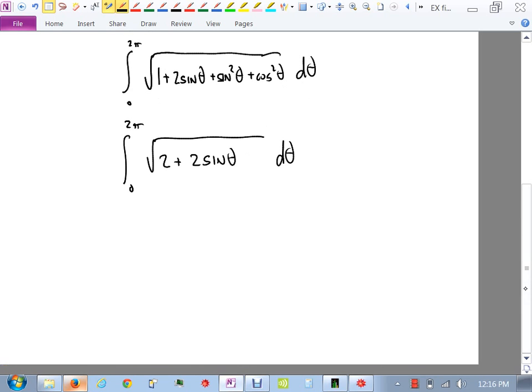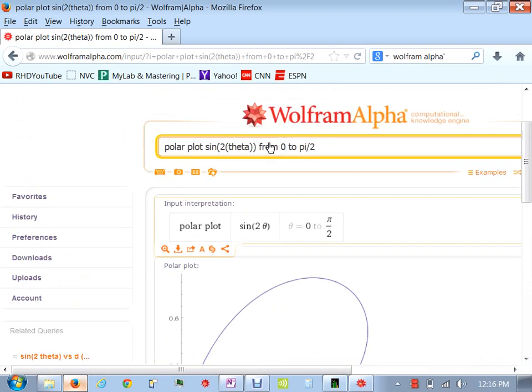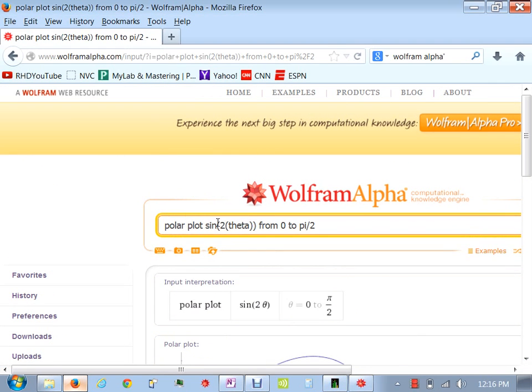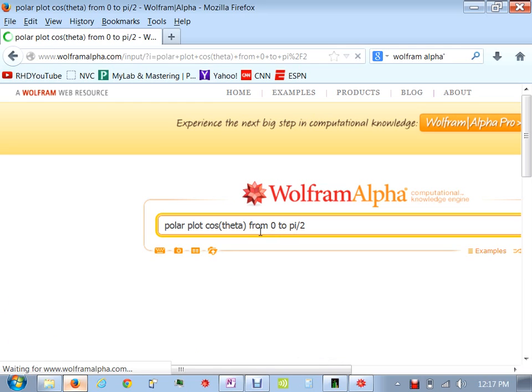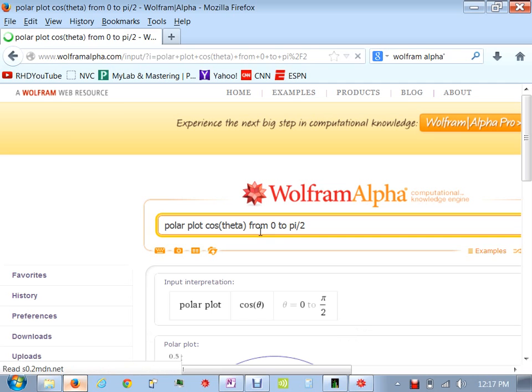There was a question to look at a different polar curve. You want to look at cosine? So let's see, cosine theta. Okay.